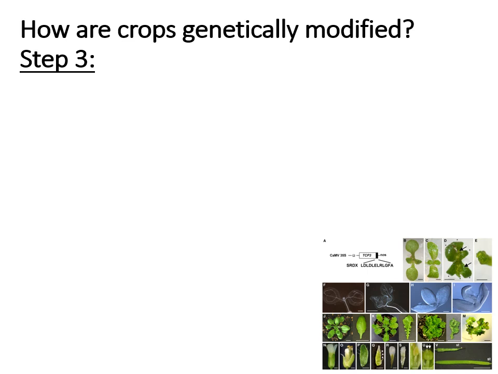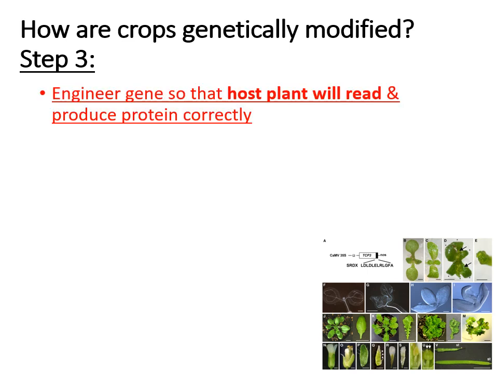Now, the next step, once you know exactly which gene you're going to use, is you have to engineer that gene a little bit. You got to play around with it a little bit, because we just said that a lot of times this gene is coming from another organism.